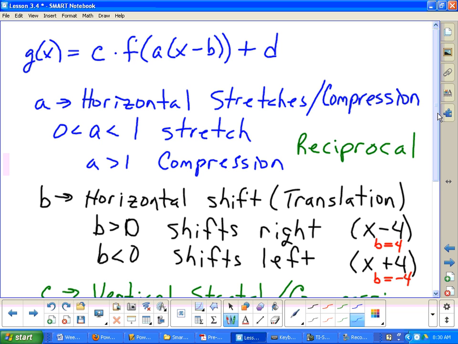We always want A times the quantity X minus B, and we'll talk about that more. A, horizontal stretch or compression. If it's between 0 and 1, it's a stretch. If it's greater than 1, it's a compression. We're using the reciprocal.